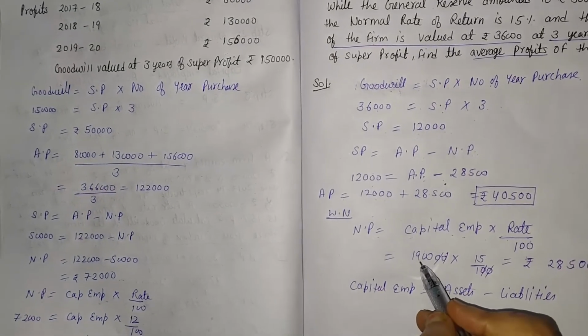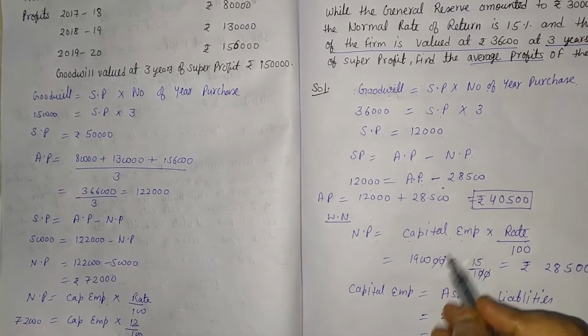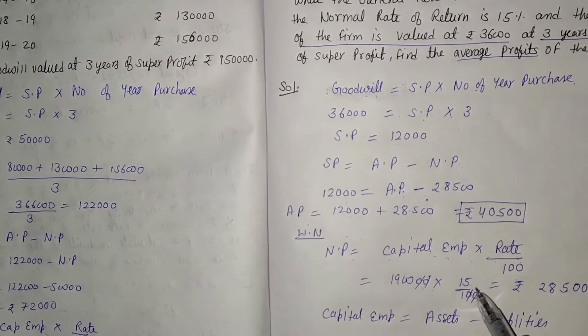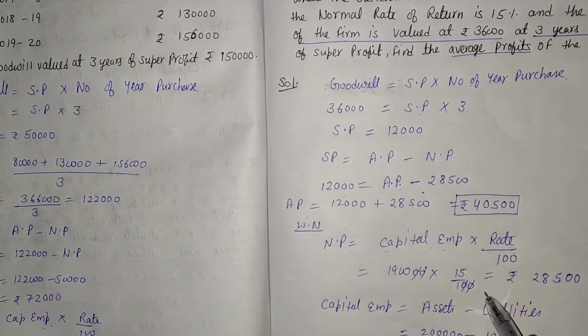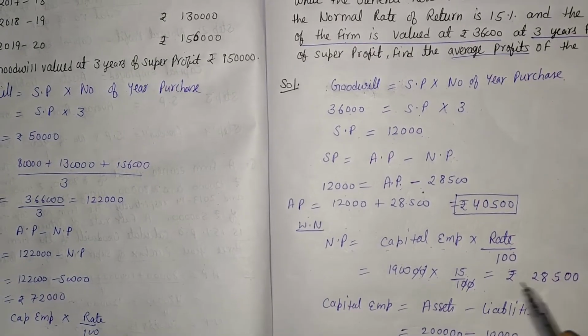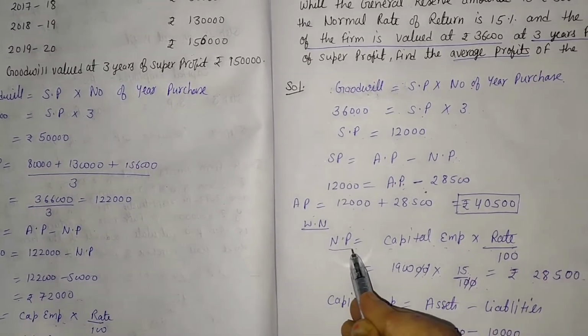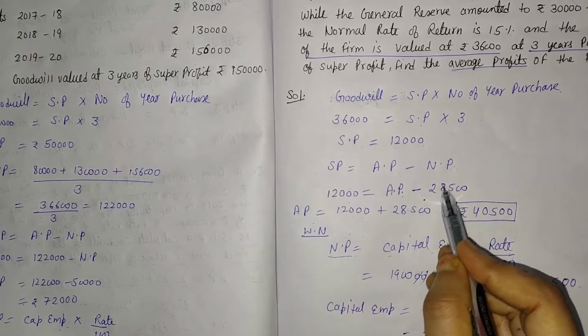We put 1,90,000 in place of capital employed, that is 1,90,000 multiplied by the rate given in the question, that is 15%, divided by 100. After solving this, we get 28,500, and that is the value of normal profit. We put that value here.